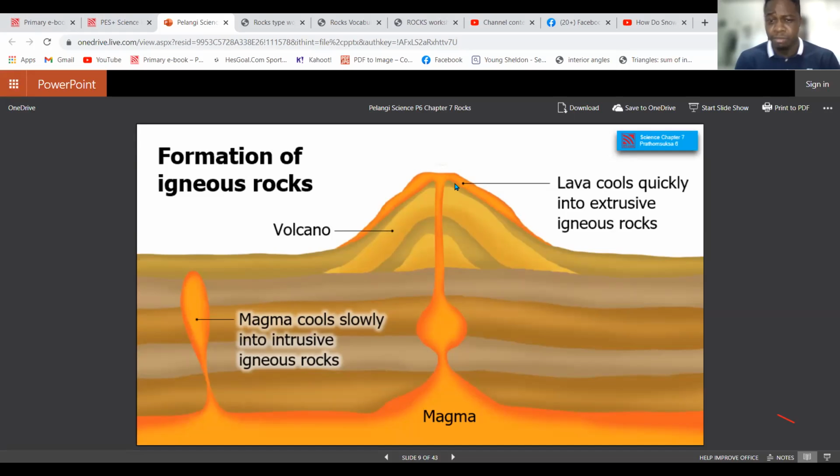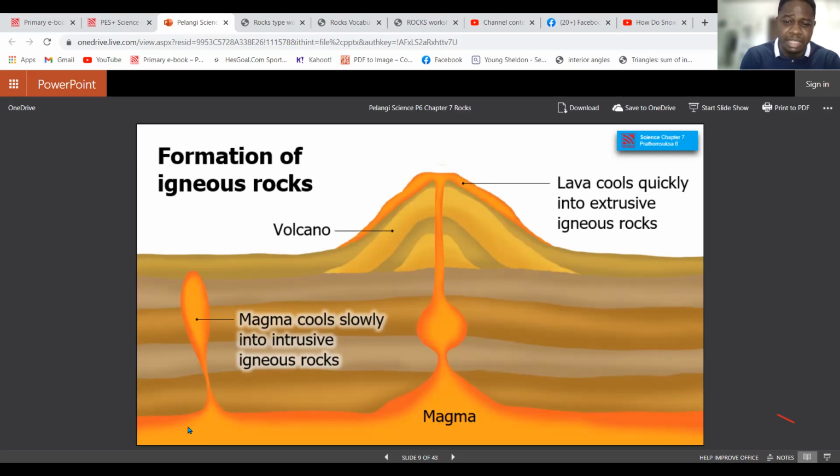As you can see in this picture, we have two types of rock formation. We have the extrusive that can get out of the surface of the earth due to a volcano here. The moment it gets out, it cools quickly down, and you get an extrusive igneous rock here.